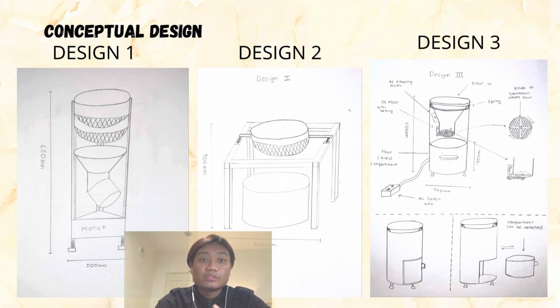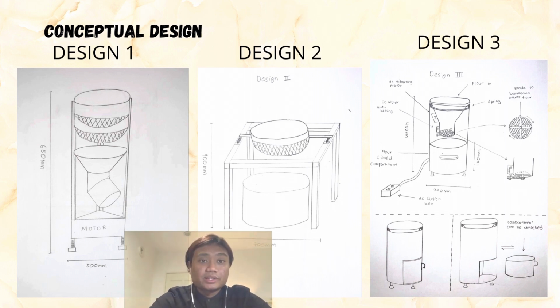The design comes with a vibrating motor on the bottom of the support, with the support of a spring leg to absorb the vibration at the base. So the function of the vibration motor is to move the flour, to shift the flour when it goes through the sieves.